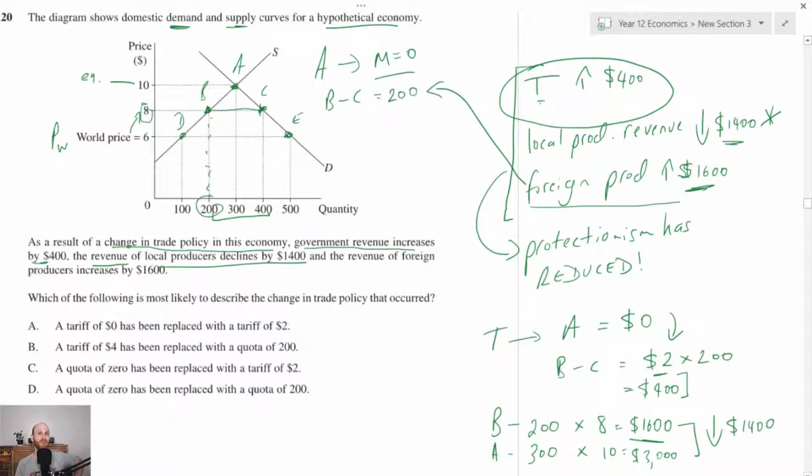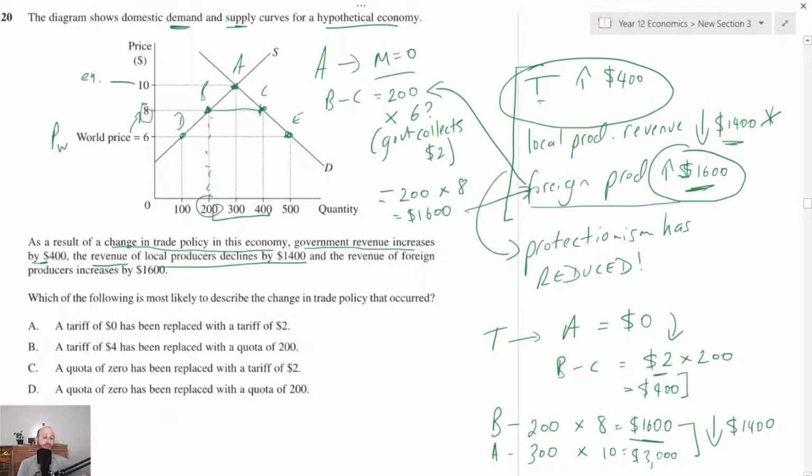Here is where the problem arises in this question, because the price that foreign producers sell it at, I think, would be 6, because government collects $2 for everything they sell. But for foreign producer revenue to increase by 1,600, it's going to have to be they sell 200 imports, but they sell it at $8, which equals 1,600 and is then this part of the question.